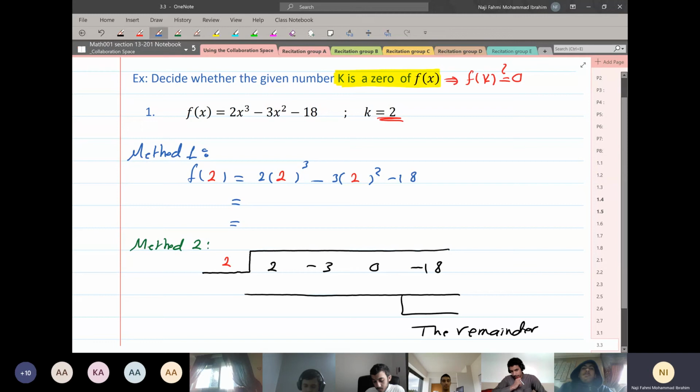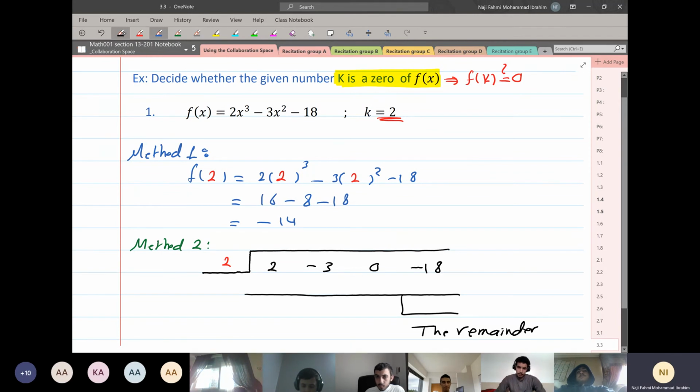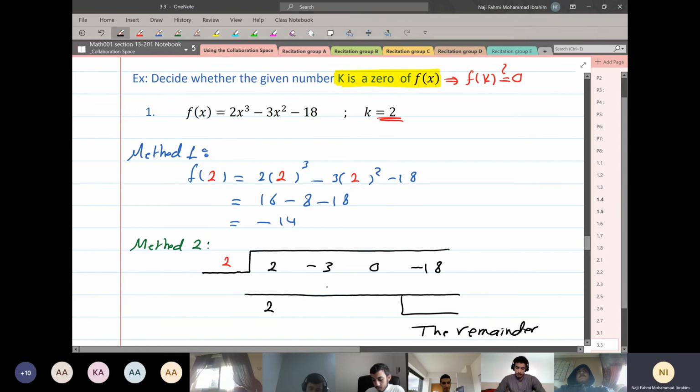So now by direct substitution, the answer is what, guys? 16 minus 8 minus 18. And how much is the answer here? Negative 14. Now let's do the division method. We have 2, 4, 1, 2, 2, 4, and do you see that both answers are the same or not?